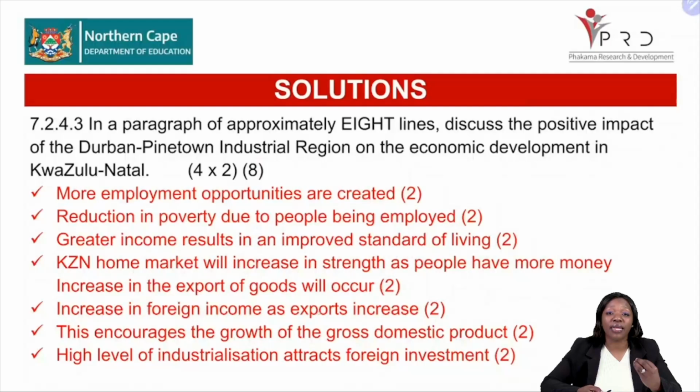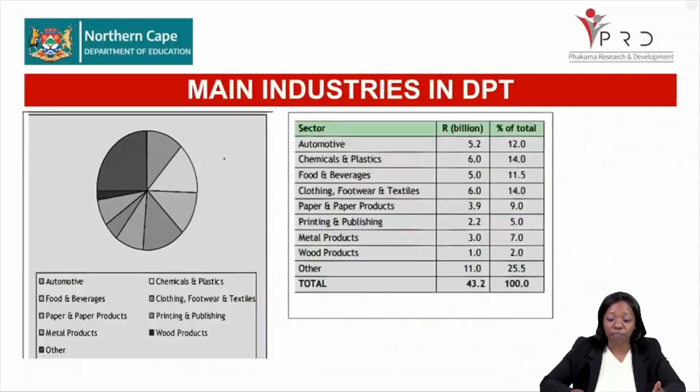Remember, if the region is able to attract foreigners or investors, especially those with a different currency, it means there will be more opportunities created. A lot of people will be benefiting, not only the people, but even the region itself in terms of the generation of income in terms of the GDP, it will also increase.